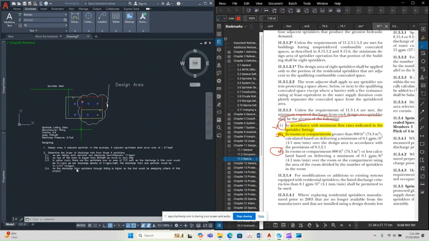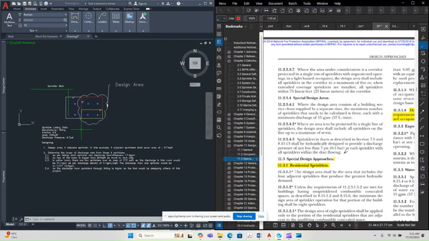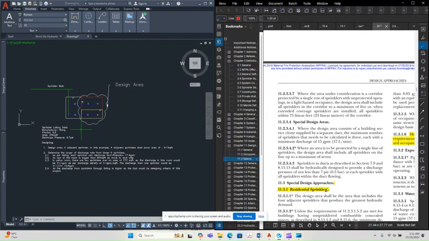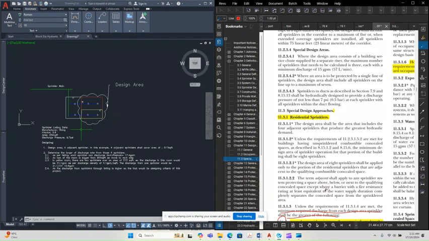And if we run those calcs with those parameters in hand, we can be confident that our system complies with the NFPA 13 special approach with respect to residential sprinkler systems. That's the only part for this video.